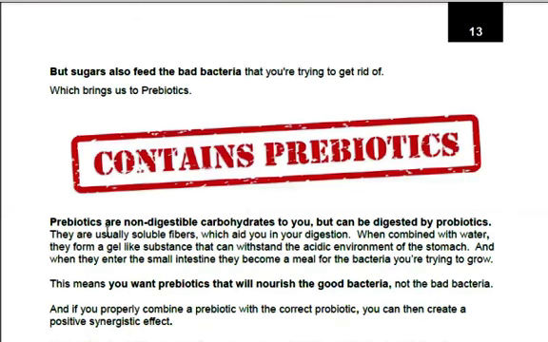The other thing that you're doing is the right type of prebiotic, because it's a soluble fiber, creates this gel-like substance that can then help protect the probiotic through the acidic environment of the stomach, which then gets more of your prebiotic into the small intestine, where it can now germinate and colonize, and you're giving it its food source.